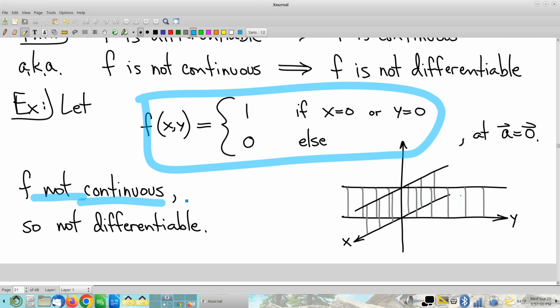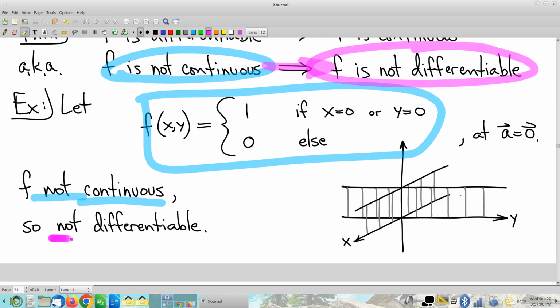If it's not continuous, then it follows that it is not differentiable. So I don't have to worry about the rigorous definition of differentiability to decide this question. I can conclude that it's not differentiable just from its failure of continuity.